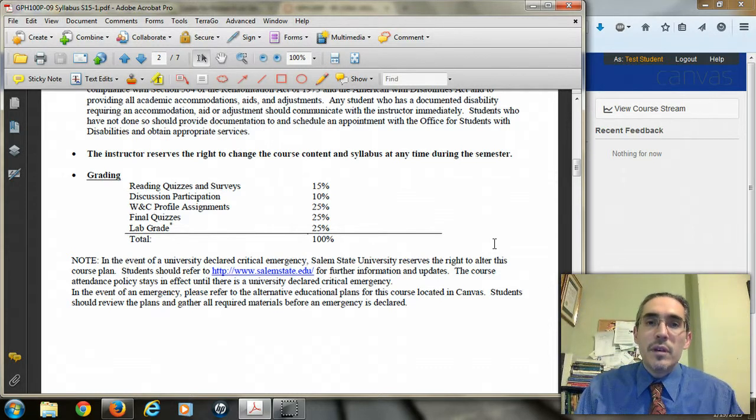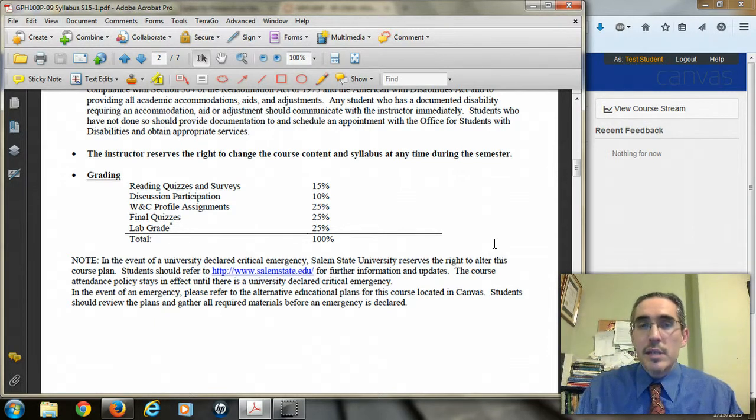At the end of each week, there'll be a final quiz, which basically sums up or asks you to synthesize and understand the concepts that were covered in the reading and in the materials delivered and any skills that we practiced, so you bring it all together. And again, those will be on a weekly basis. There is no final exam for this class. Essentially, your final grade will be a composition of all these different assignments that you'll get throughout the semester, as well as your lab grade.